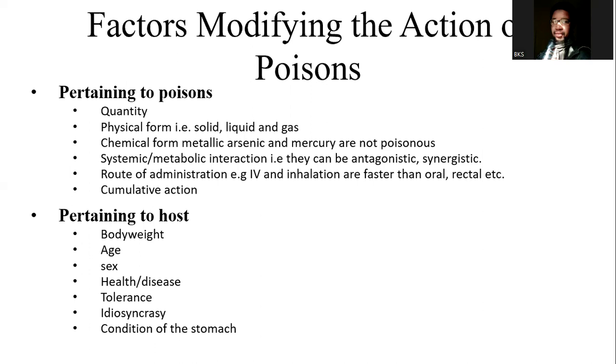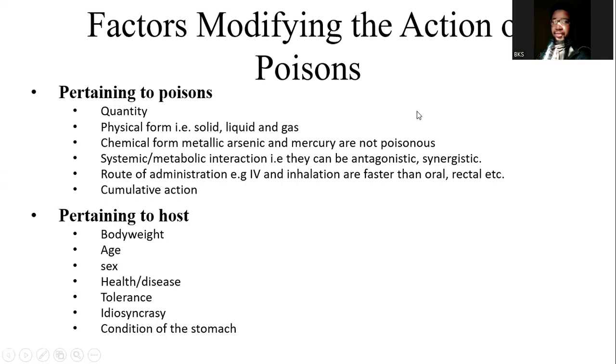But mercury chloride can easily reach different parts of the body and elicit those problems. All these things can affect the action of the poison itself.